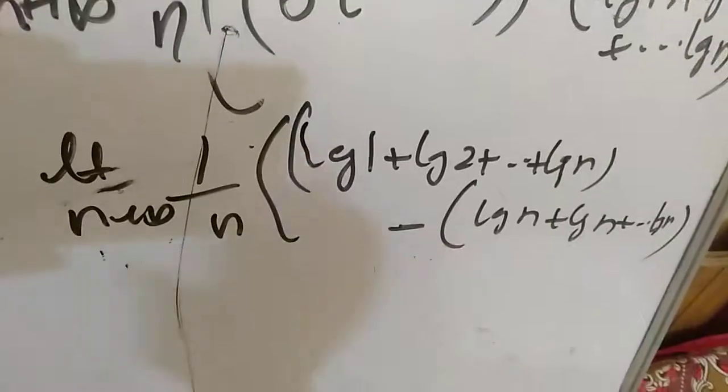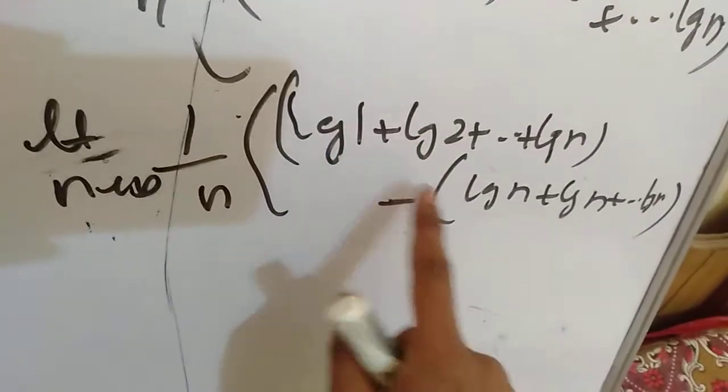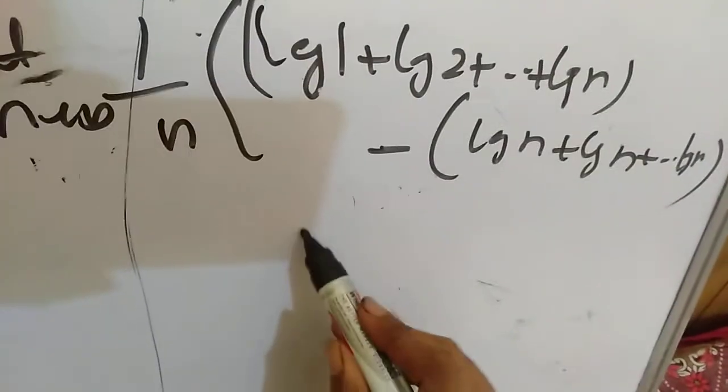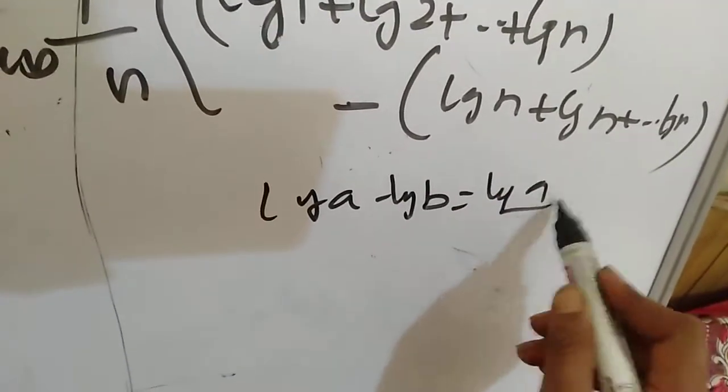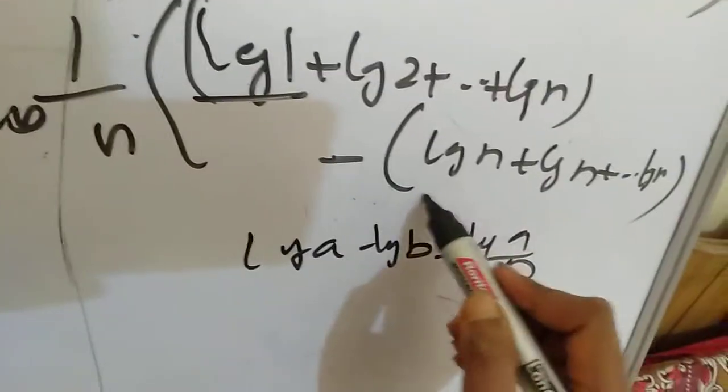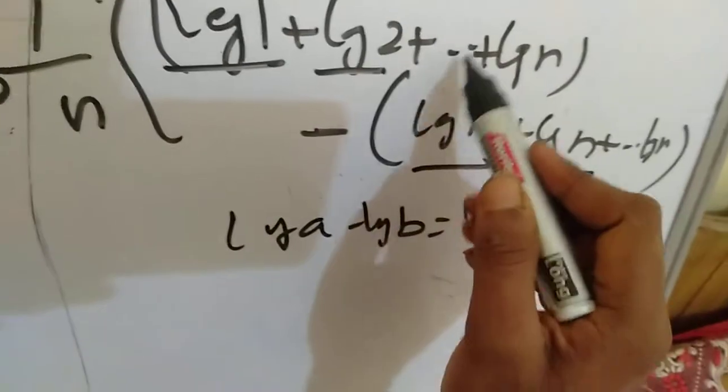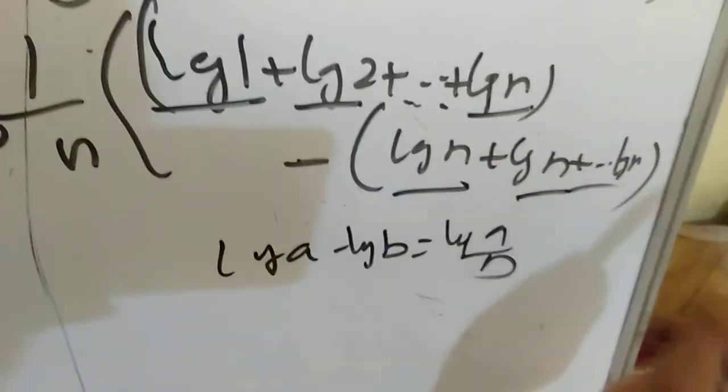Then we also know another property, log a minus log b is log a by b. We take log 1 and log n, log 2 and log n, and so on, log n and log n.